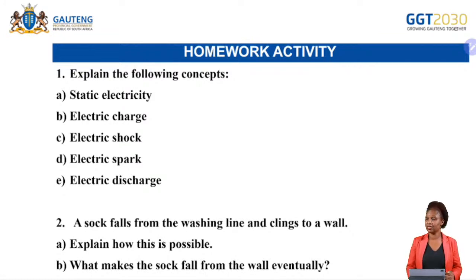And E, electric discharge. And then question number 2, a sock falls from the washing line and clings to a wall. Explain how this is possible. And B, what makes the sock fall from the wall eventually? Copy these questions. I'll give you 5 minutes to copy your homework activity.